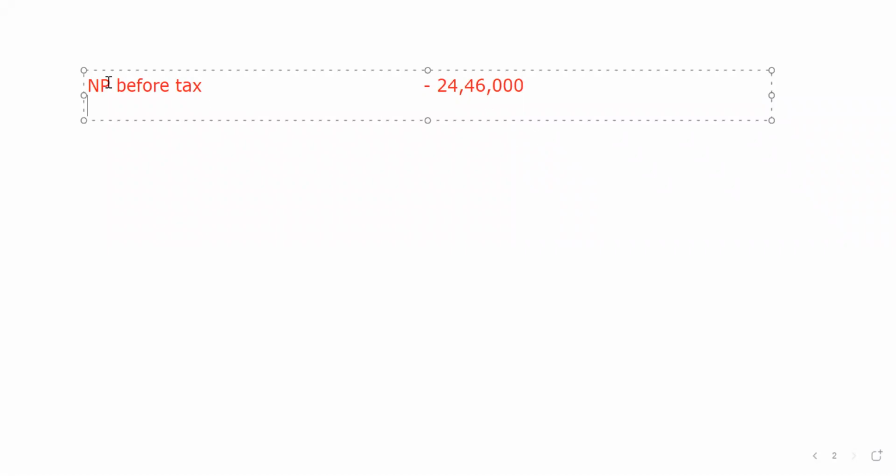So we have to deduct the tax amount first. Tax is 60 percentage. So what is the tax amount? 60 percentage of 24 lakh 46,000. What is the amount?